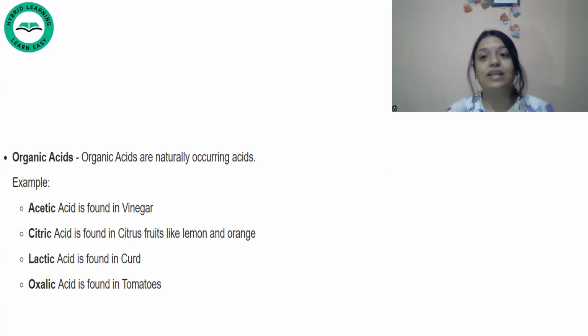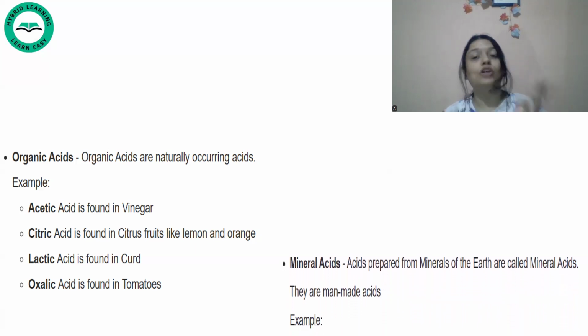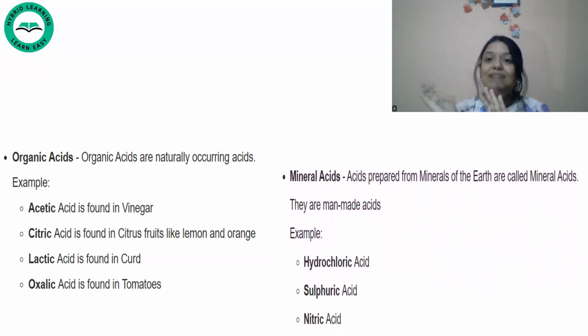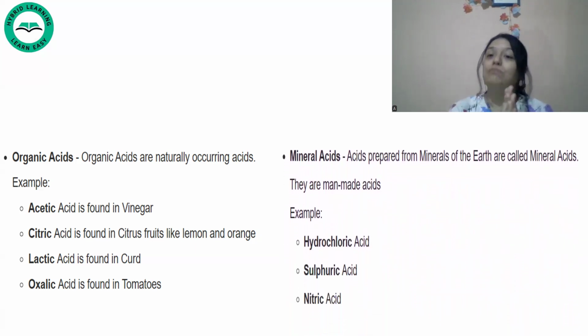These are the naturally occurring ones. On the other hand, you have man-made acids, called mineral acids. Common examples are the ones we see in our laboratories: hydrochloric acid, sulfuric acid, and nitric acid.